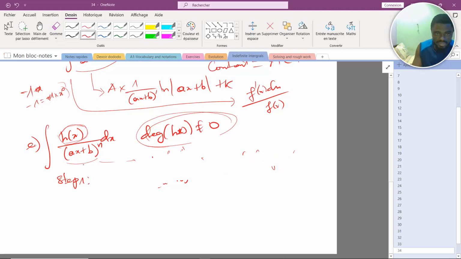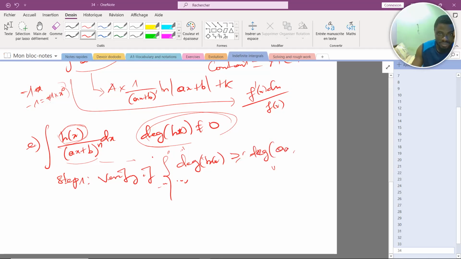What you have to do here is, the first thing you're going to do, you should first of all verify if either the degree of h of x is greater than or equal to the degree of ax plus b to the n, or if the degree of h of x is less than the degree of ax plus b to the n.